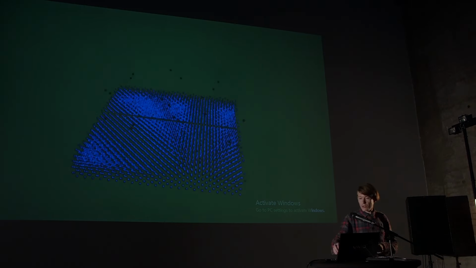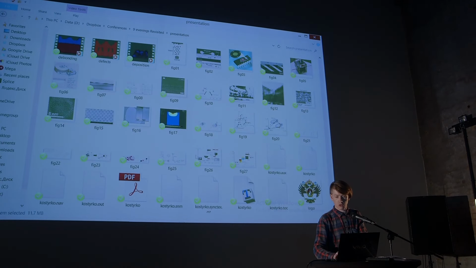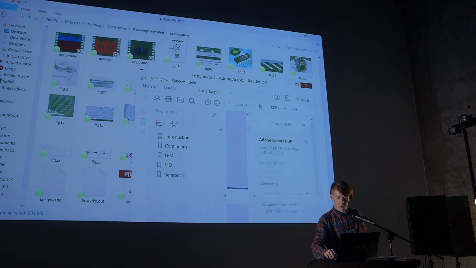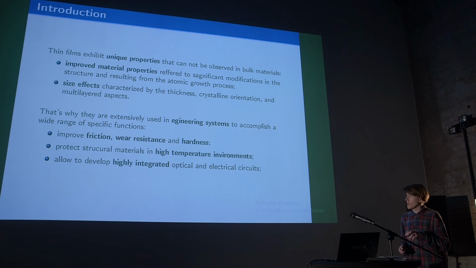So what is the point, and what is the main problem of such methods? Actually, films exhibit unique properties. These properties we can use to improve, for example, friction, wear resistance, hardness. Also, we can use these properties to protect materials from different environments, and so on.